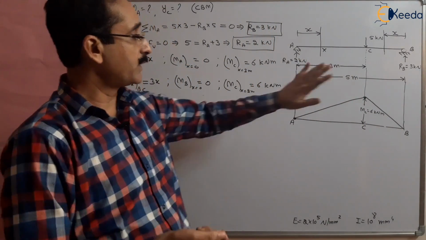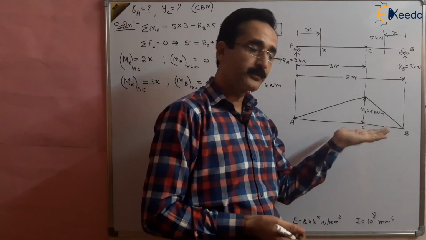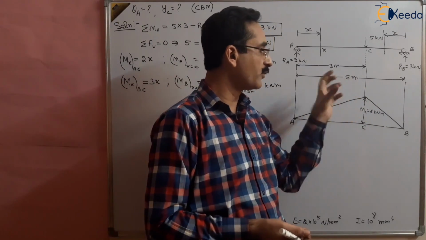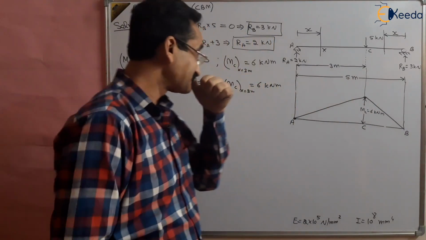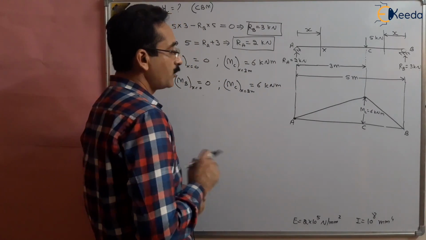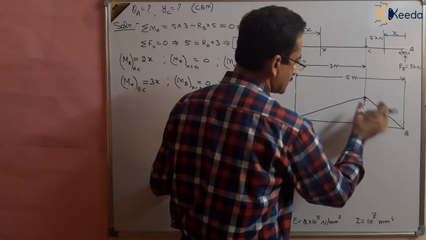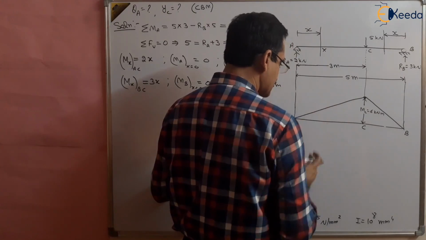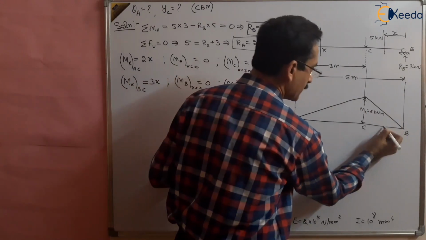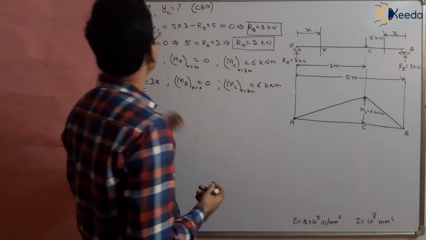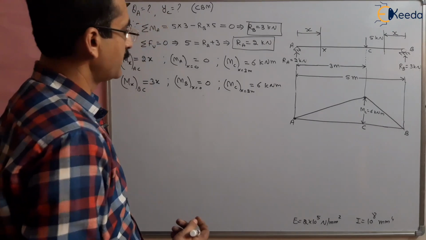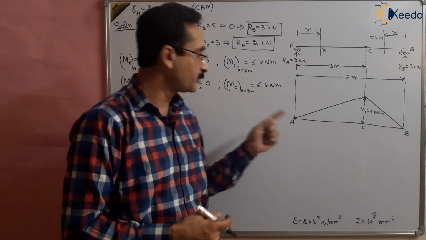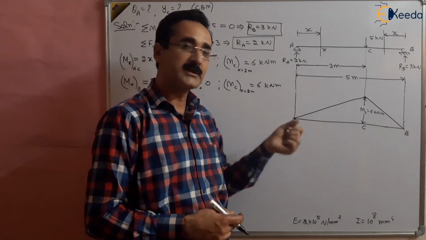Now this bending moment diagram will become the conjugate beam, the conjugate beam of width EI. So now this 6 kilonewton meter is our load, and this is our new conjugate beam. We have to find out the slope at point A and point C. For a conjugate beam, the slope at any point is the shear force at that point.